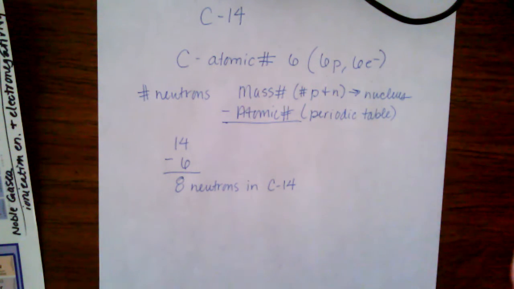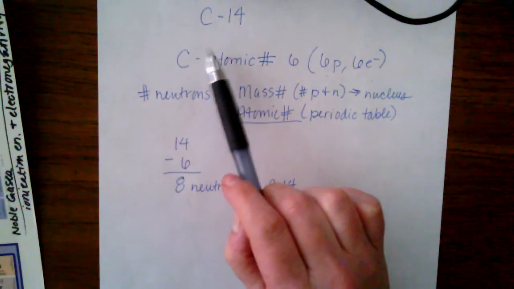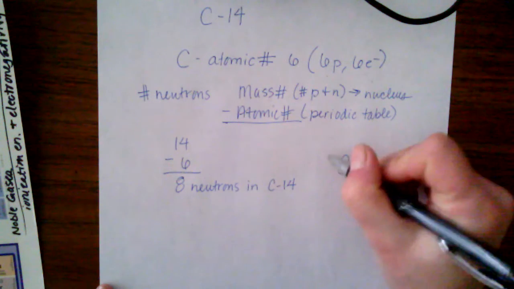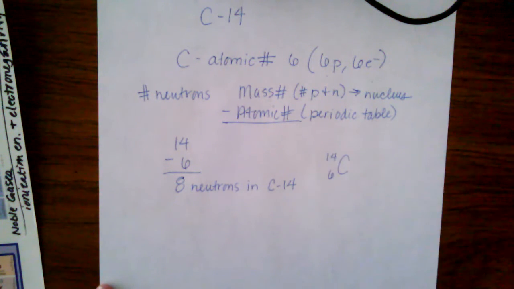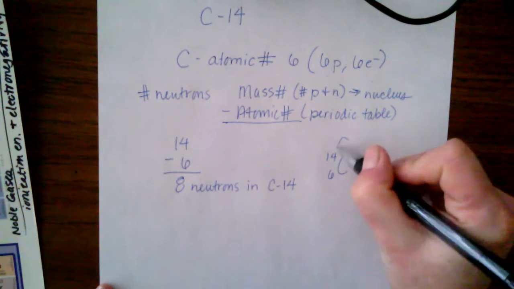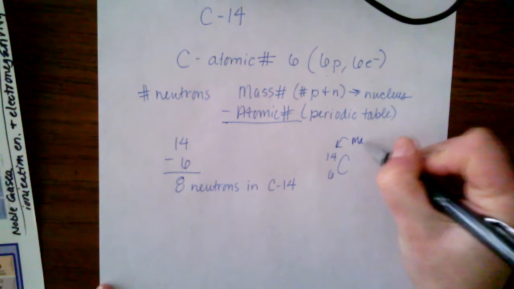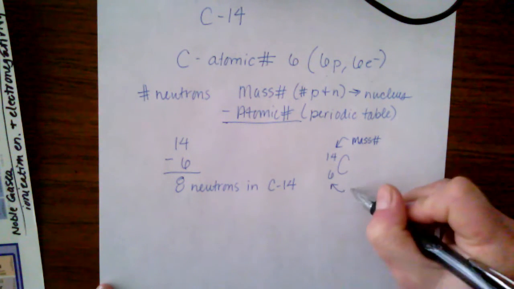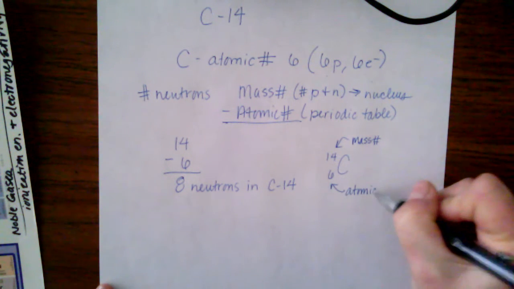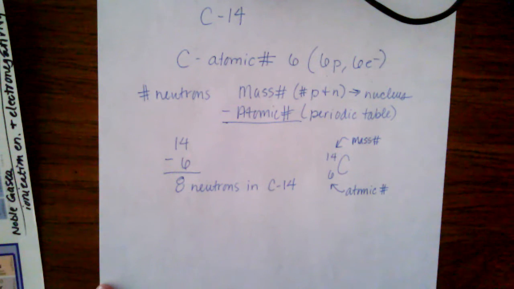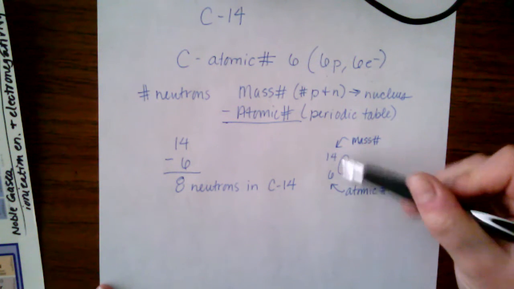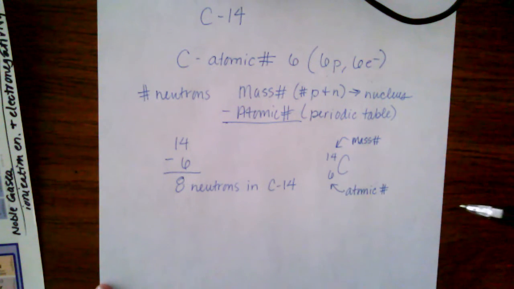Okay, so if it's not written like this, it will be written out like this. So it's carbon, it gives you the mass number, and it goes ahead and gives you the atomic number. These are a lot easier if it's written out like this, because you just take 6 from 14 and it gives you the number of neutrons.